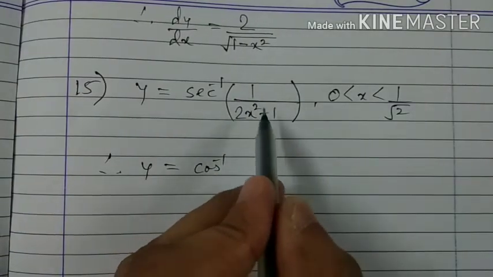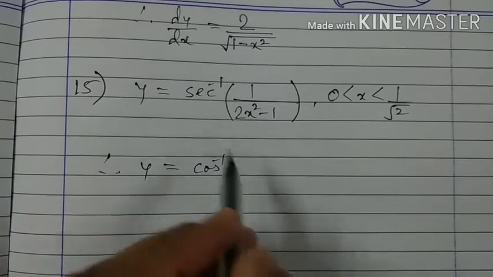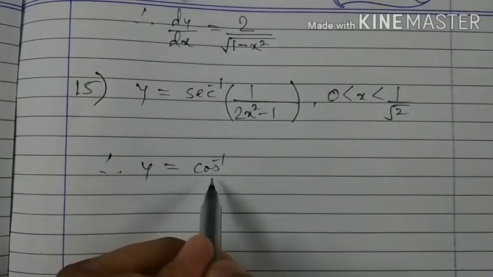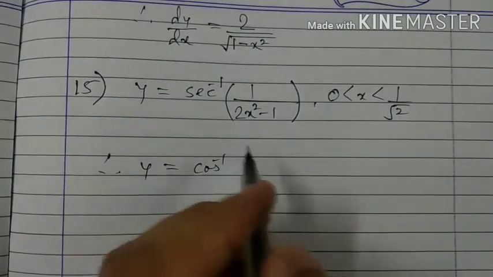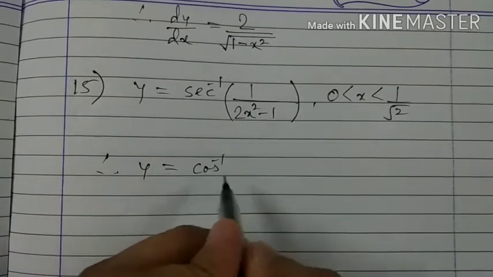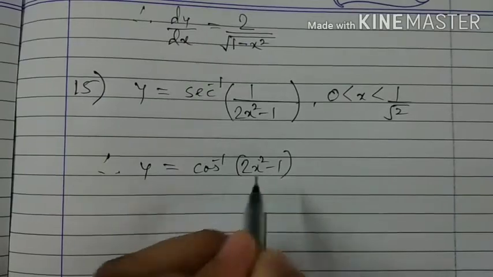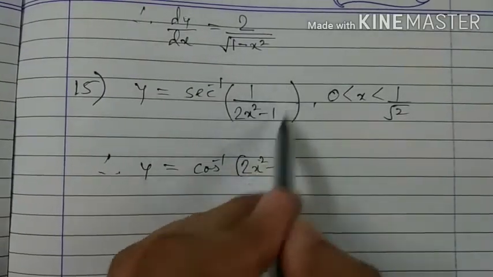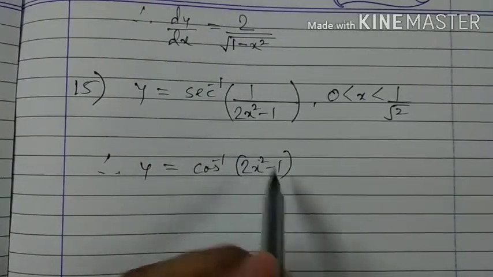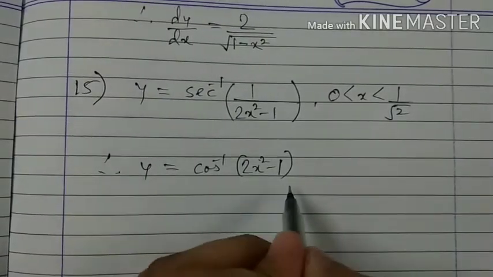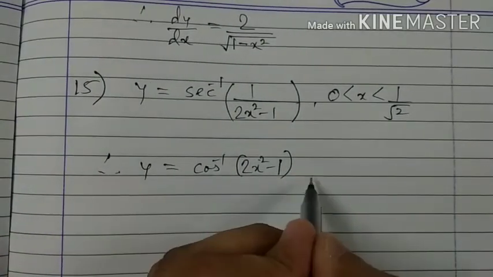We have to write the reciprocal of this term, as we are writing cos inverse instead of sec inverse. So here, cos inverse of 2x square minus 1. This is our given function.